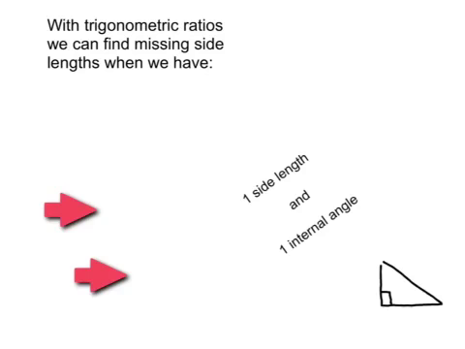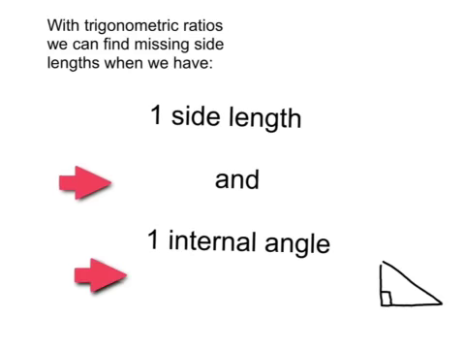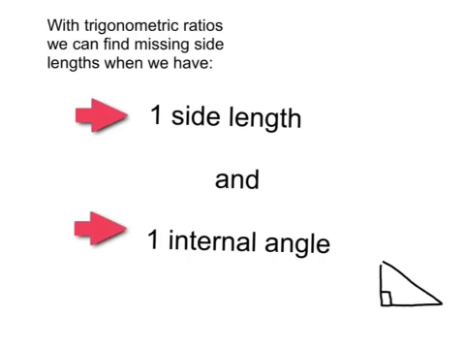With trig ratios we can find missing side lengths when we have one side length and at least one internal angle.